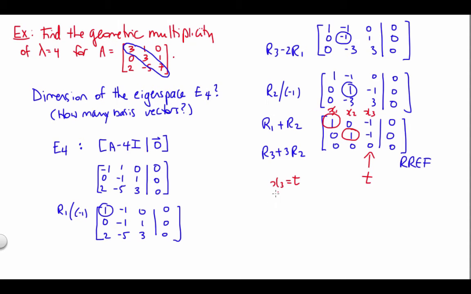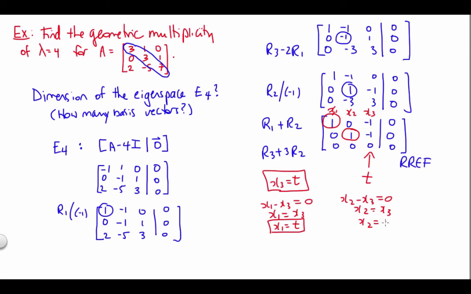The top row tells us that x1 minus x3 is equal to 0. Meaning x1 is equal to x3, and that tells us that x1 is also equal to t. Middle row tells us that x2 minus x3 is equal to 0, meaning x2 is equal to x3, and we said before that x3 is t, so that tells us x2 is also equal to t.